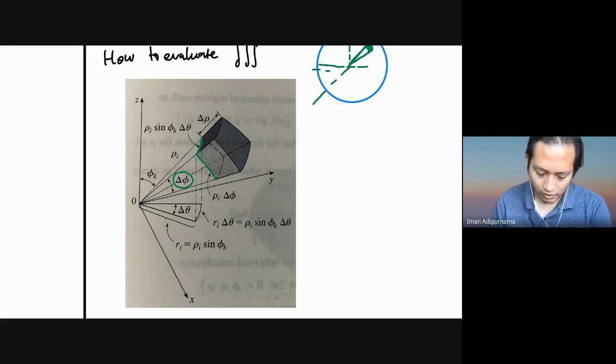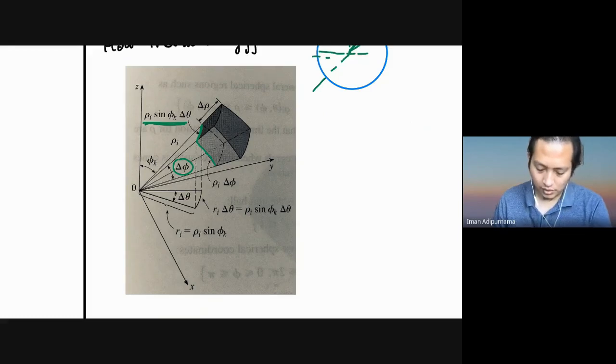We can write this. This is basically from the r. So we changed our delta theta into this. And then we can also find this part is the delta rho. Okay.